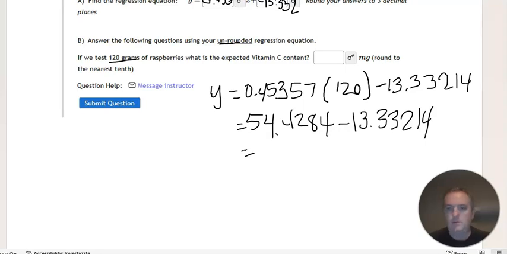That's 13.33214, and I'm getting 41.09, and then some more decimals, but we just need to round to the nearest tenth for that one. So tenths place would be 41.1.